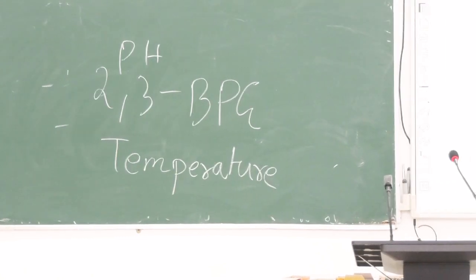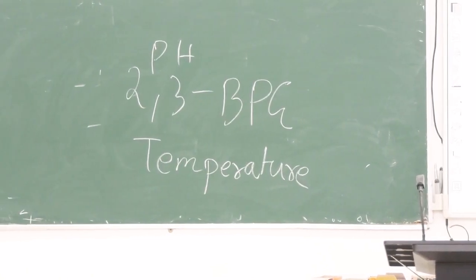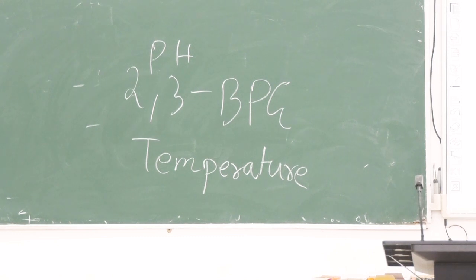2,3-BPG is 2,3-bisphosphoglycerate. When you read the respiratory system, you will come to know of it more. pH, what is pH? It is the negative logarithm of hydrogen ions. So a lower pH of blood means H plus is more.